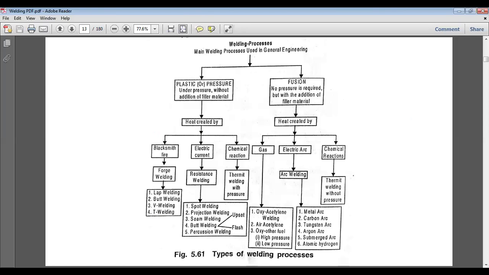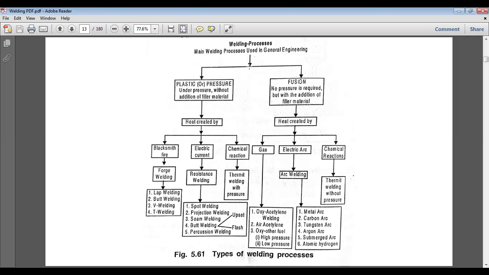This is the welding process categories. How are welding processes categorized? First, as we discussed, either we have to apply pressure, or if no pressure, then we have to add a filler metal. So how is this categorized?